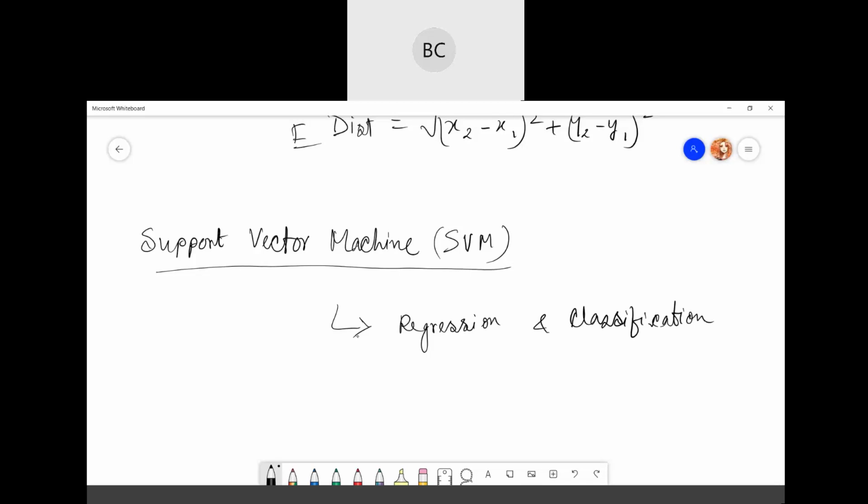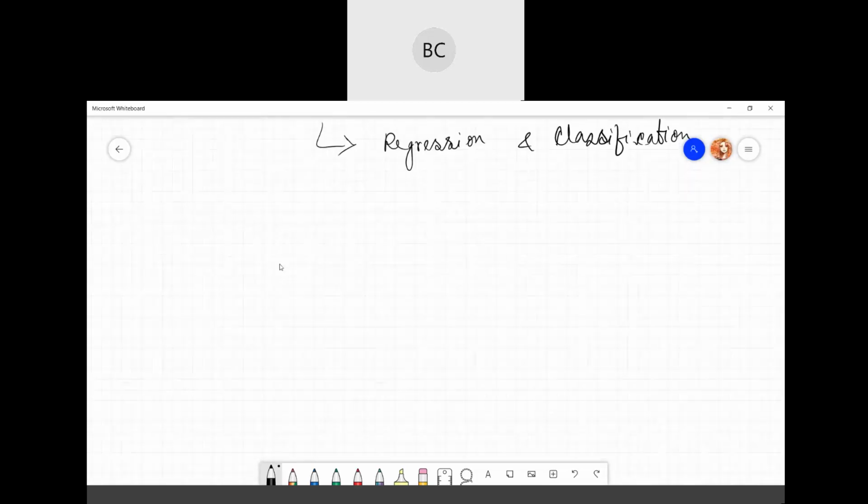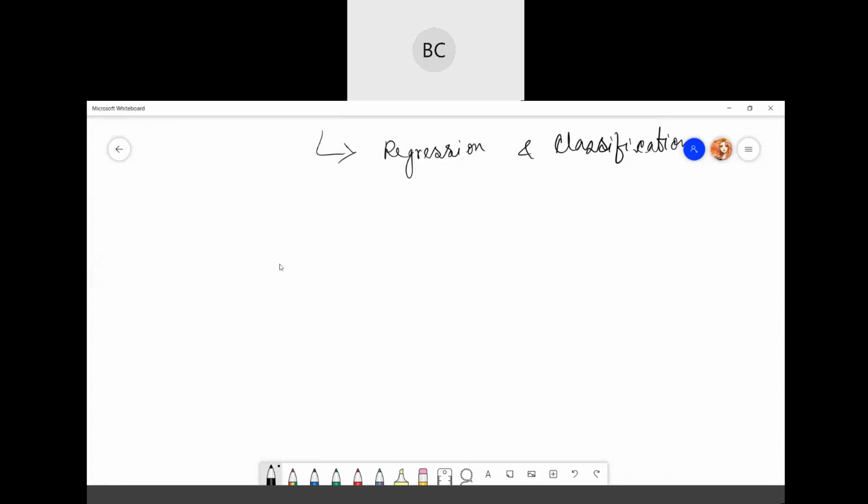So the main goal of the SVM algorithm is to create the best line or decision boundary that can segregate n-dimensional space into classes. In the case of support vector machine, or in most classifiers, we use the concept of linearly separable. So can anyone say what is linearly separable?